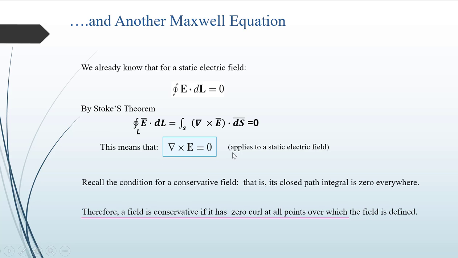So the electric field intensity is a static field and its curl is 0, meaning the field is conservative if it has a 0 curl at all the points over which the field is defined. So del cross E is equal to 0 is one more Maxwell's equation coming from the electric field. By using Stokes theorem, we have derived this equation for the static electric field.